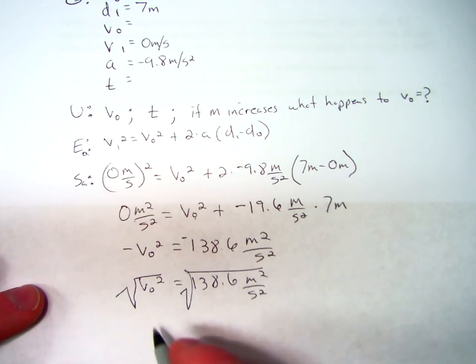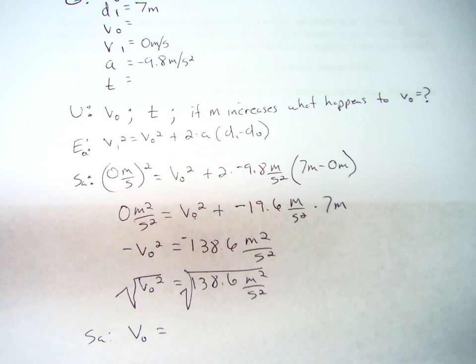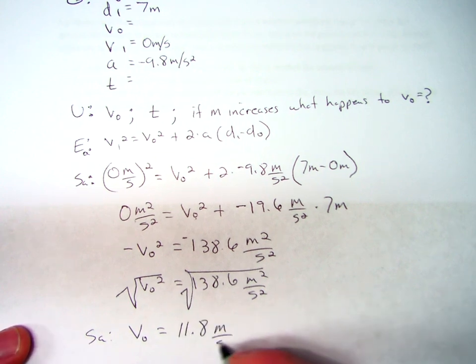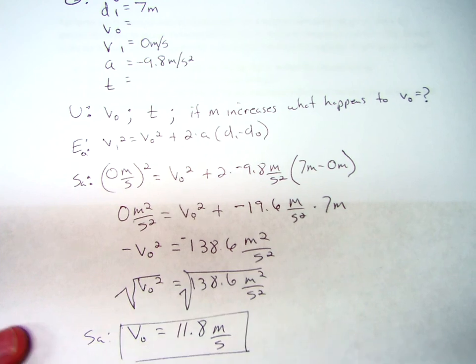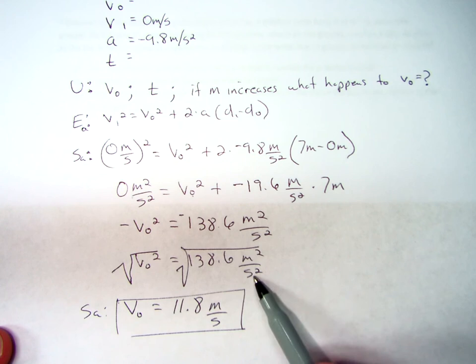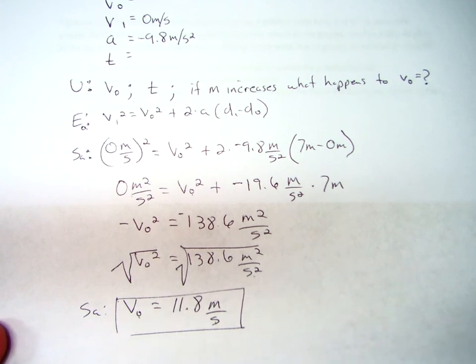And you get V0 is equal to the square root of 138.6, which is 11.8 rounded. Now, one thing to note, the square root of meters squared per second squared is meters per second, which is the correct unit for velocity.